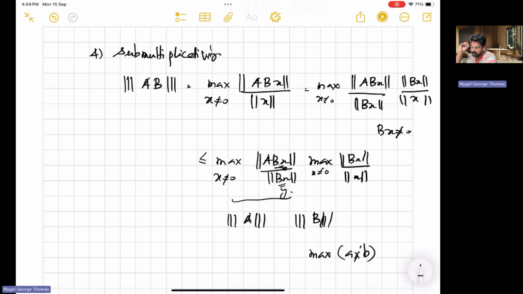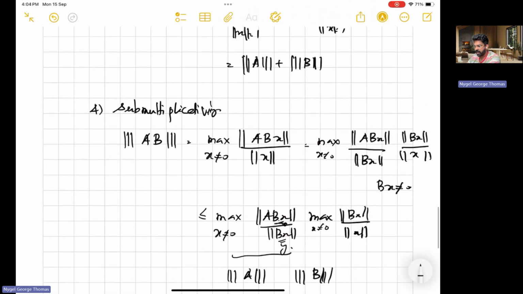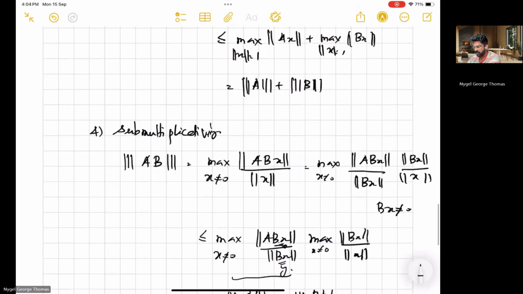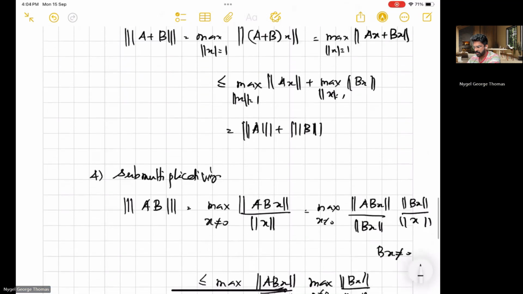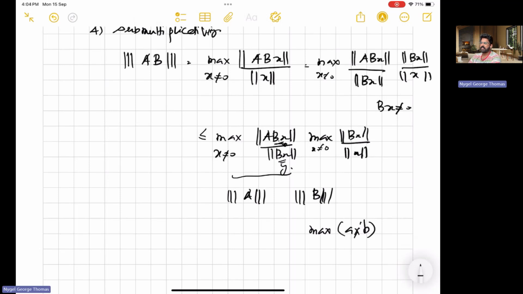It's a vector, right? So A into X will be again a vector. Max of that vector norm. Yeah, that is actually true because see here we have two individual vectors. If you multiply, take the norms of them and multiply.